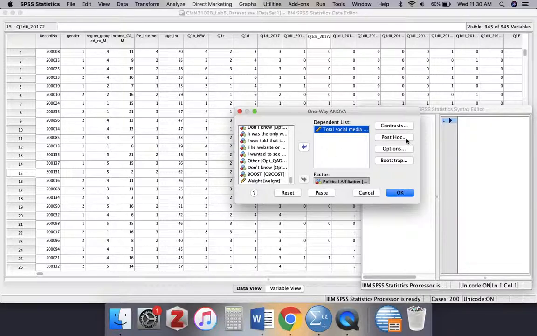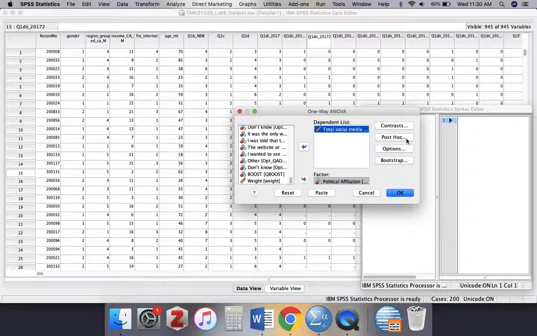Now we're going to click on Post-Hoc here, and what the Post-Hoc is going to do is compare every single group to each other. So conservatives will be compared to NDP, conservatives will be compared to liberal, and then liberal compared to NDP, etc. Okay, so there's going to be all of these two-way comparisons like a t-test, and that's basically what the Post-Hoc is doing.